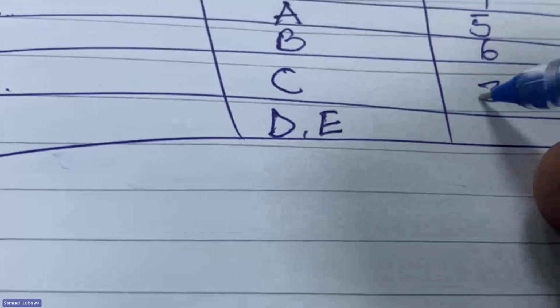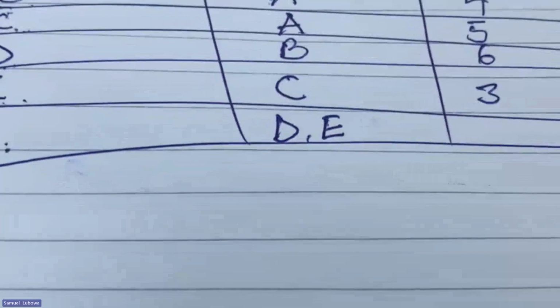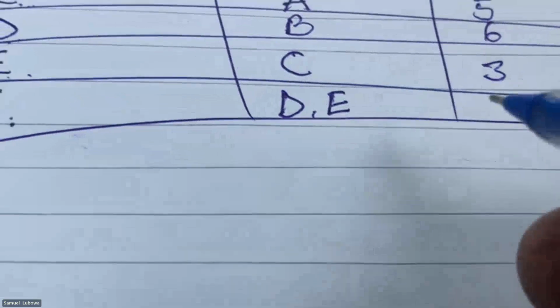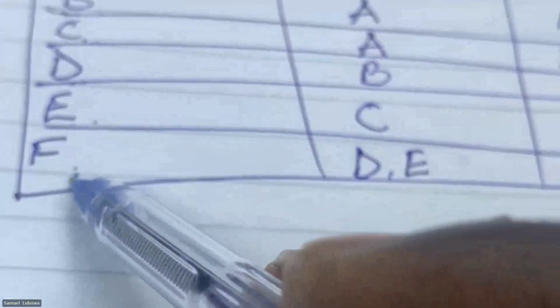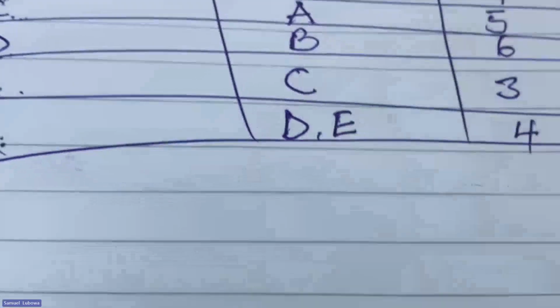Then our activity E has to last for a period of maybe 3 days, since this is something like implementation, testing, so you don't expect it to be very long. Then activity F can last for maybe 4 days, depending on what you agree and the complexity or the need of that particular activity.